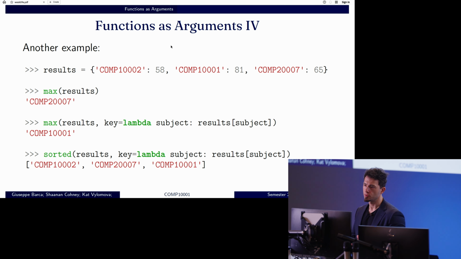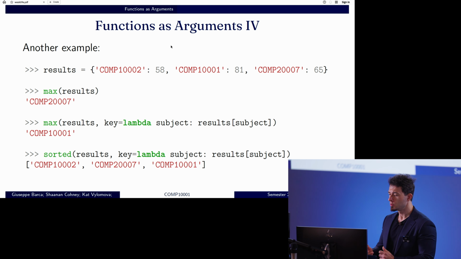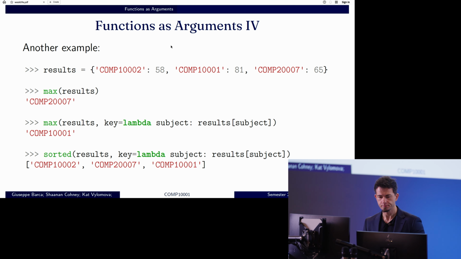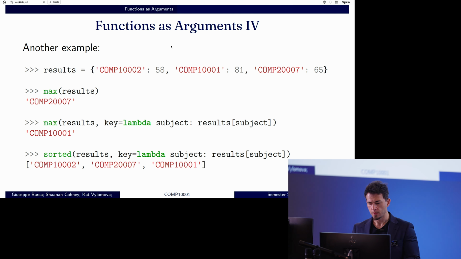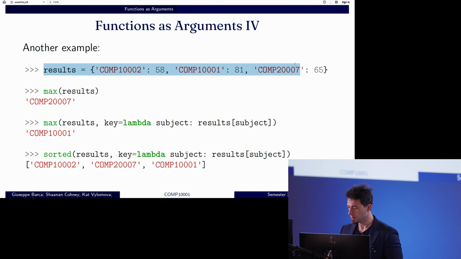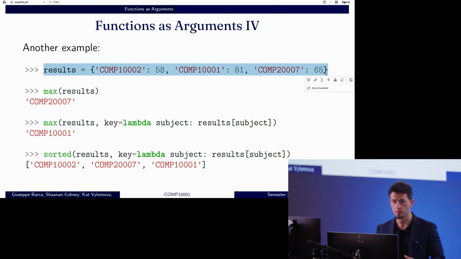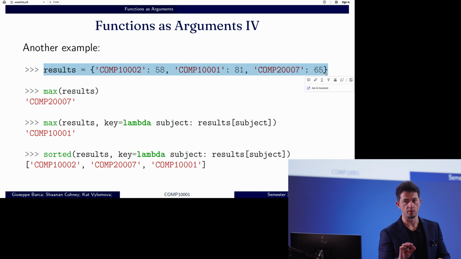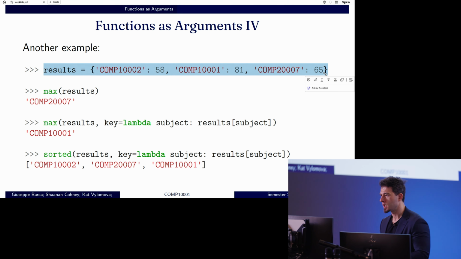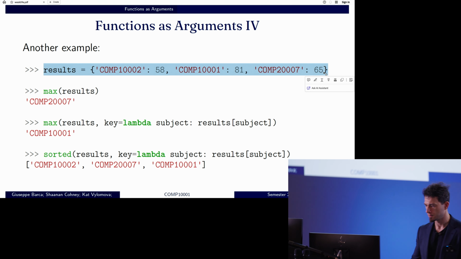So far, we have been using lists as our iterable. You can obviously use also dictionaries. And so if we have the following example, let's say we have this dictionary. In the dictionary, we have a number of subjects. The key is the subject name, and the value is the mark that a student has obtained for that particular subject.